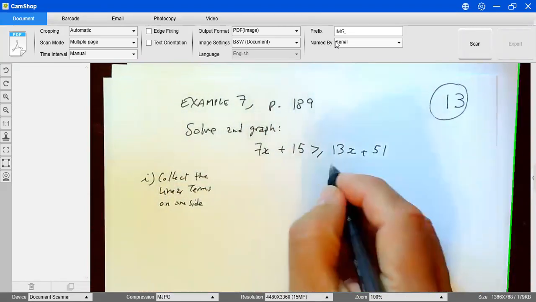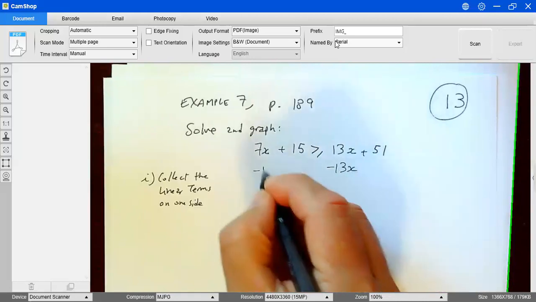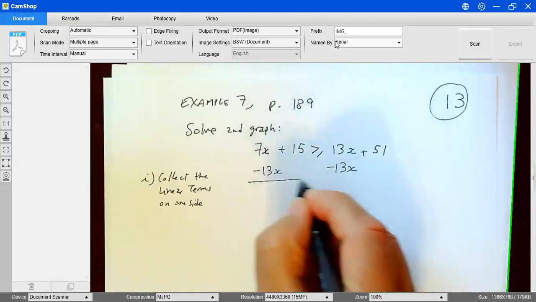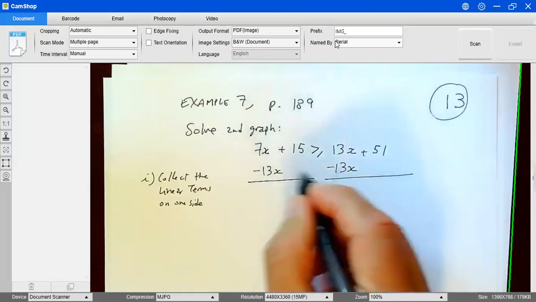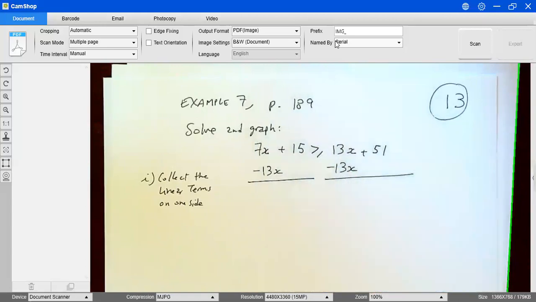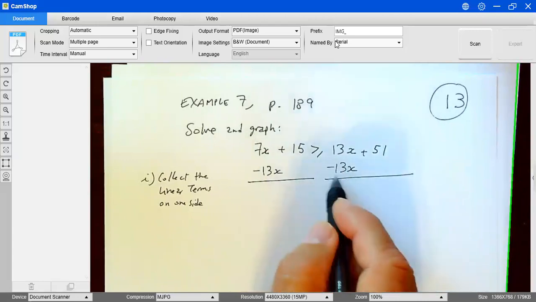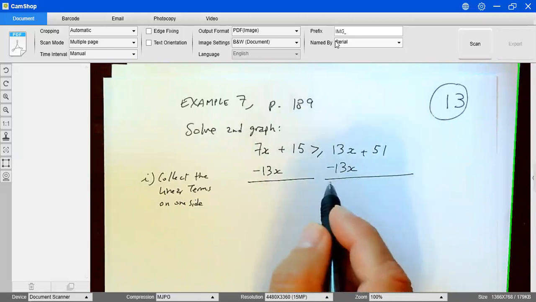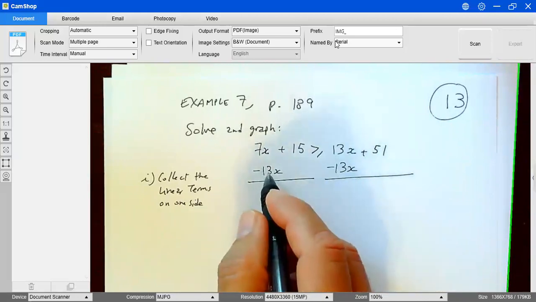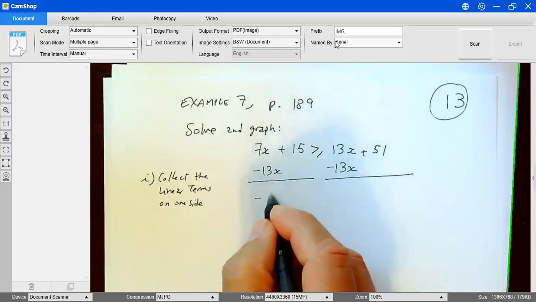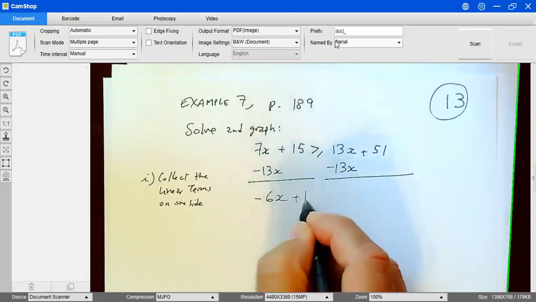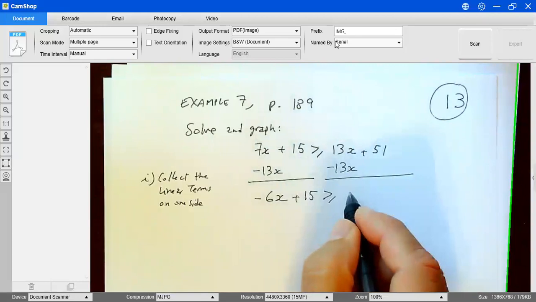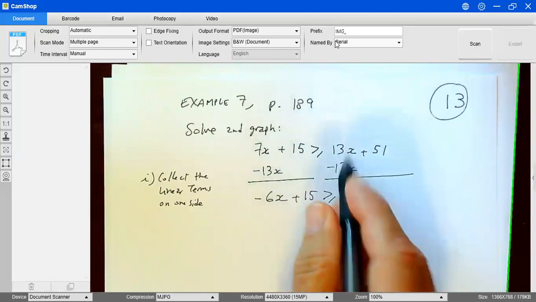So we're going to subtract 13x. And again, this is an addition, so no need to change the direction of the inequality. We are not multiplying, we are not dividing, we are just subtracting. We are adding a negative quantity. So 7x minus 13x is going to be -6x plus 15 greater than or equal to 51, because these two cancel.